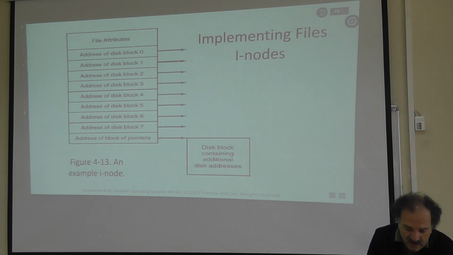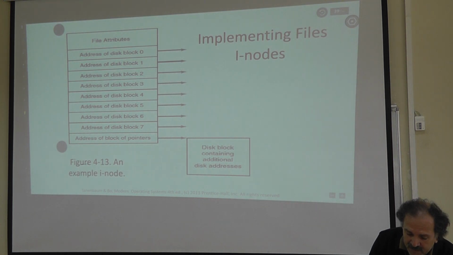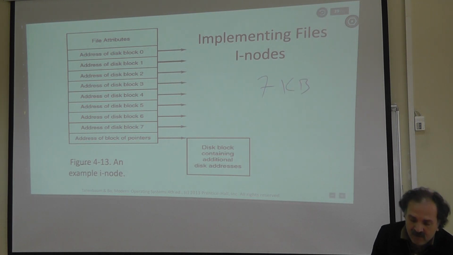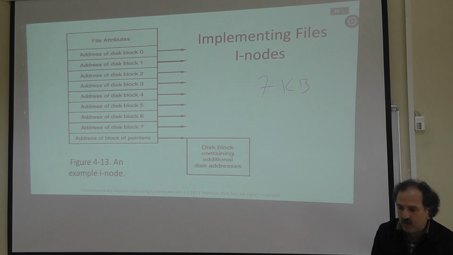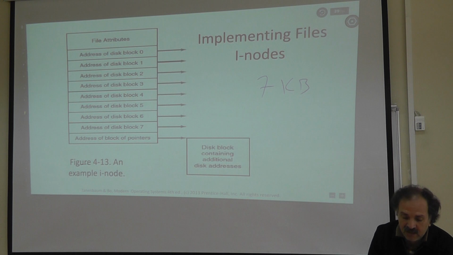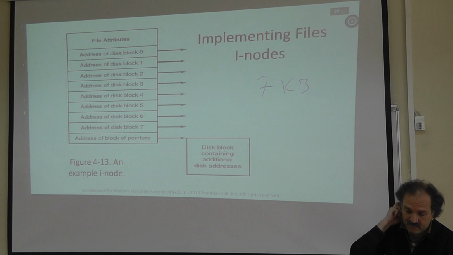So I have the address of disk block 7, and then this is my whole block. If my file is at most 7 kilobytes, then this is good enough. But if my file is larger than 7 kilobytes, the last one is a link to another inode, which contains the addresses of the other blocks. So this is the structure of an inode.